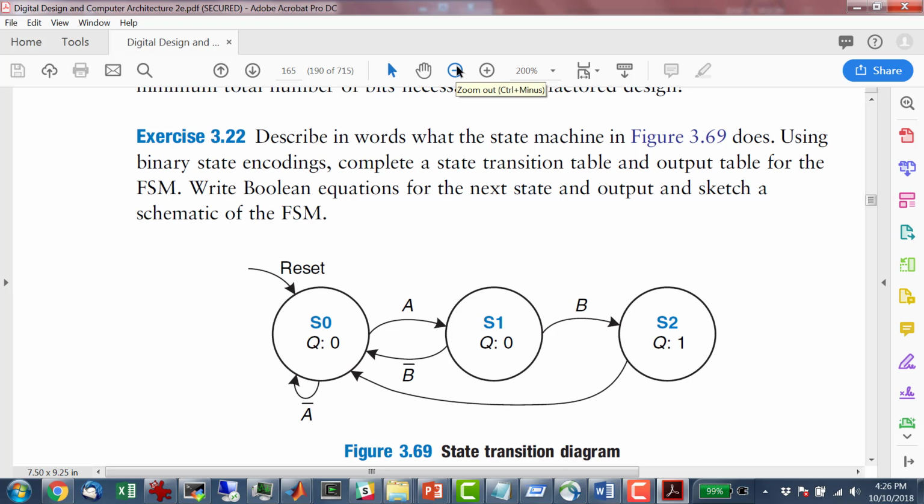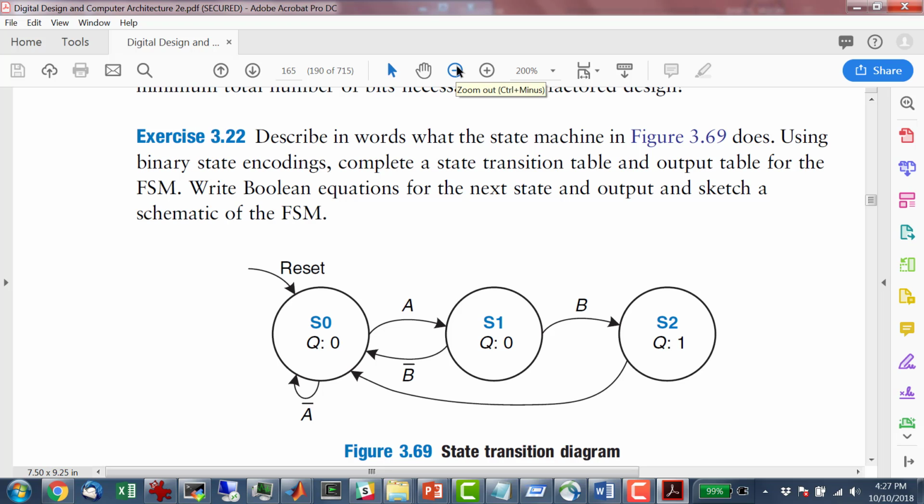So when I build this in hardware, I will have flip-flops with a D input and a Q output. One of them will be S sub A, one of them will be S sub B, and the input for S sub A is going to be not S sub A, fed back through an inverter, and SB, and B. Make sense?